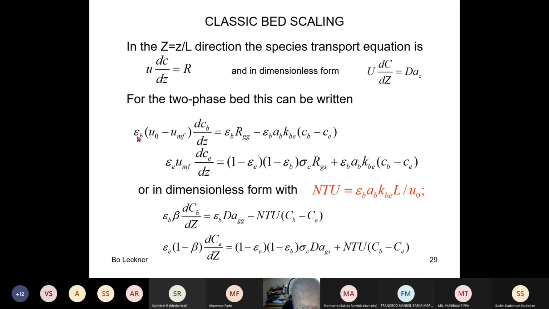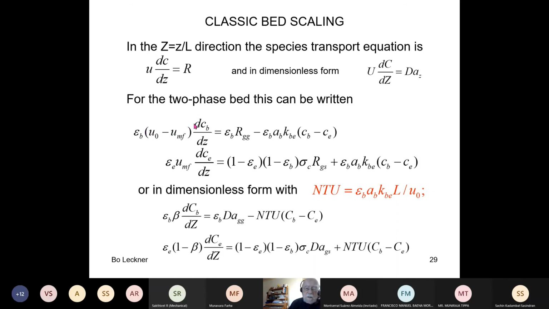So in the bubble phase, we have a certain voidage because of the bubbles, and we have a velocity that is the difference between, of course, the actual fluidization velocity and the minimum fluidization velocity. The minimum fluidization velocity is found in the particle phase, but if we subtract that, we get the difference between these in the rest of the reactor.